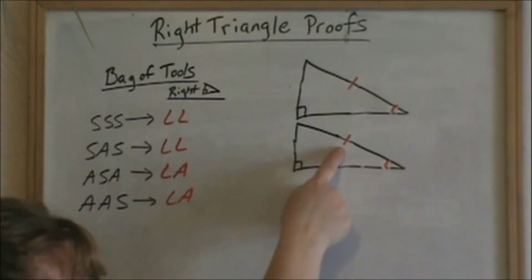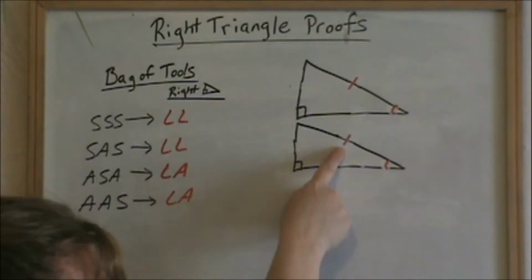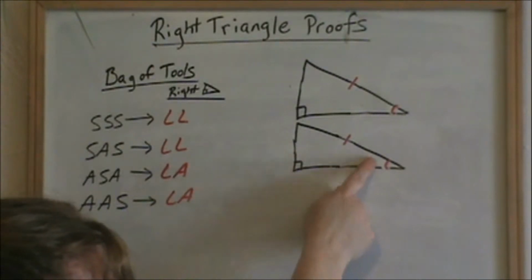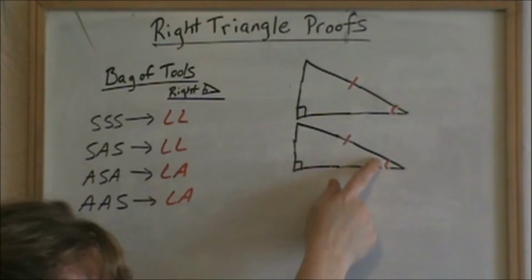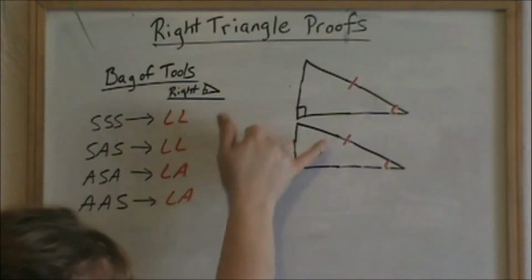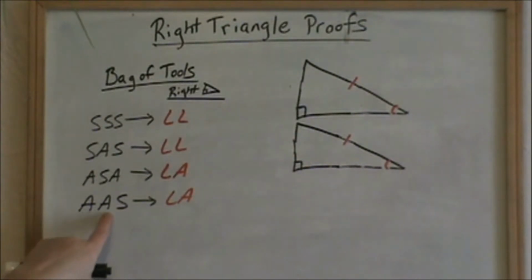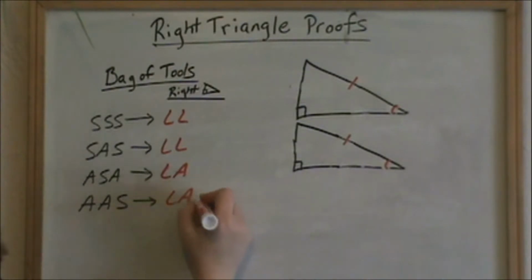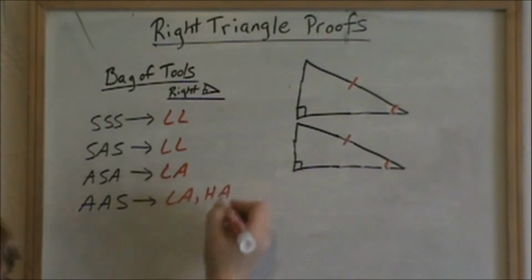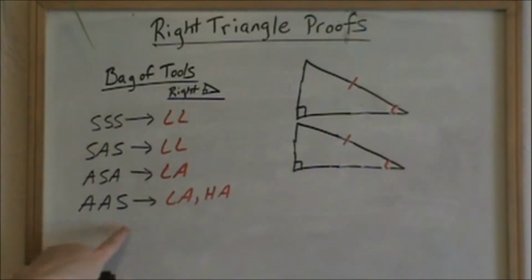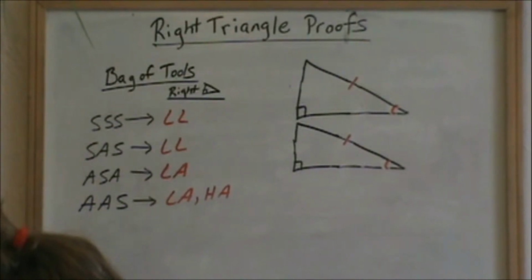But this side that we know now is called the hypotenuse, so that's hypotenuse, angle. So if we know the hypotenuse and an angle, to where the side is not in between the two angles, that's similar to AAS. So hypotenuse, angle would fall into this category.